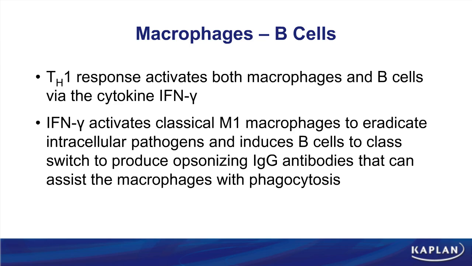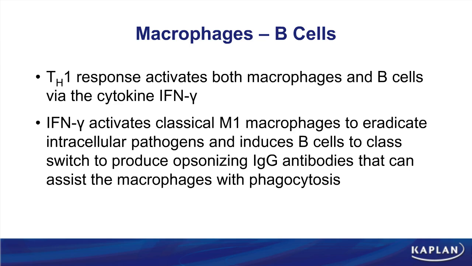It is really important that you understand that the major cytokine for macrophage activation is interferon gamma. Once these macrophages are activated, they upregulate their MHC, they upregulate all of their oxygen-dependent and oxygen-independent radicals, and they are able to then eliminate these intracellular pathogens.